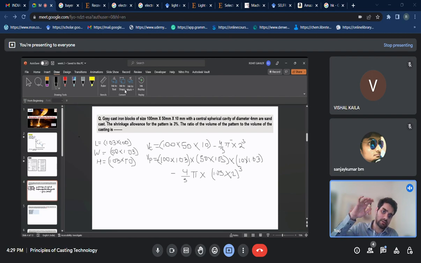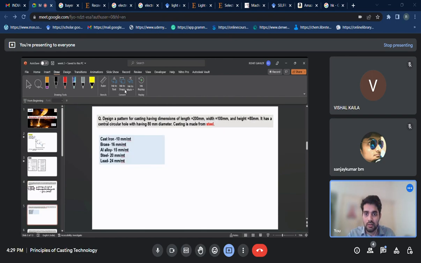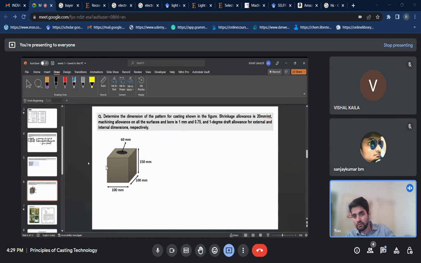Okay, so if you read the question again, firstly it is written that there is a gray cast iron block. So imagine a cuboid in your mind which has 100 by 50 by 10 mm sides for its length, breadth and height, right? And then imagine that at the center it has a hollow cavity, which is a spherical cavity basically, with a diameter of 4 mm.